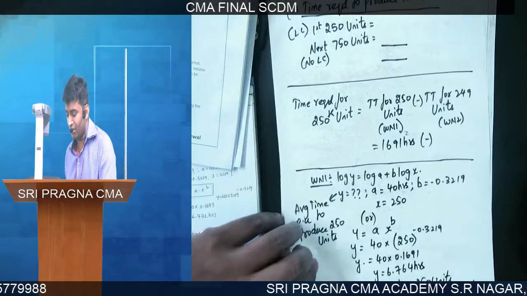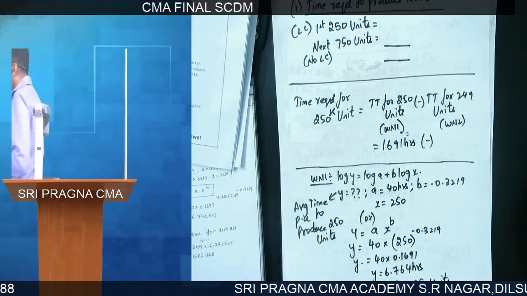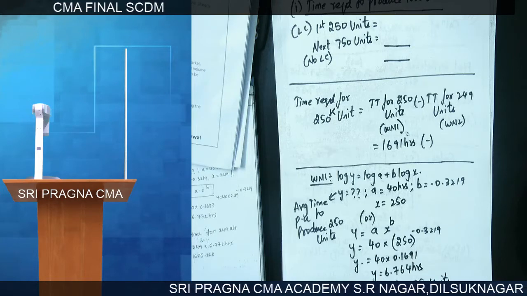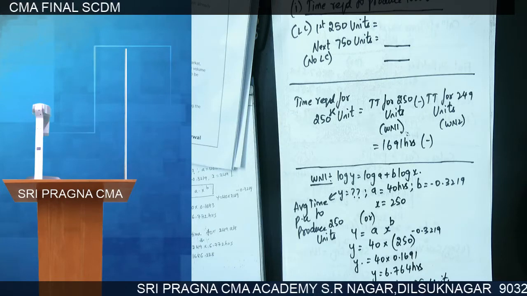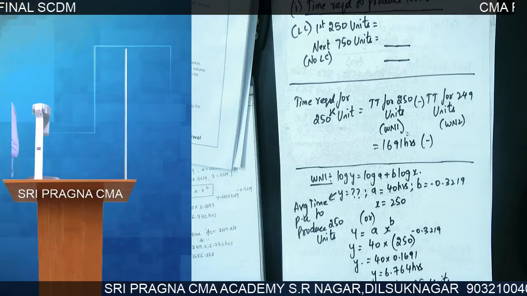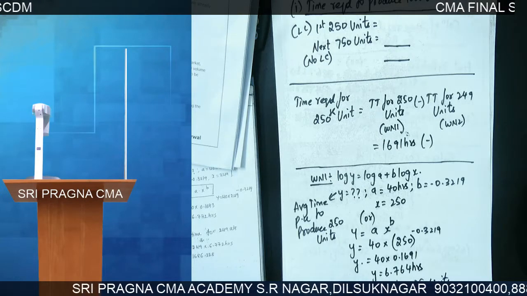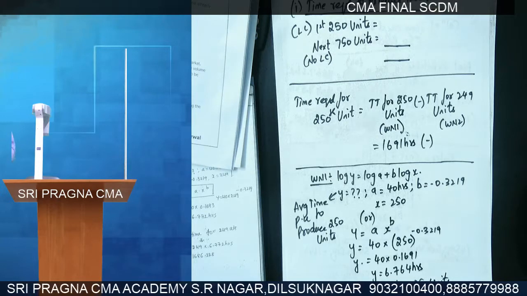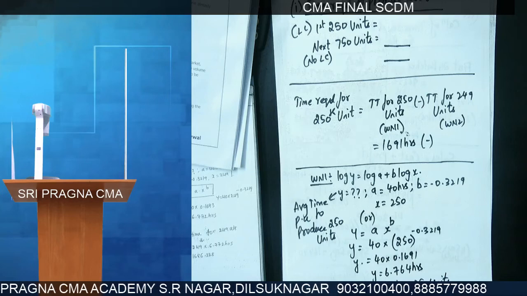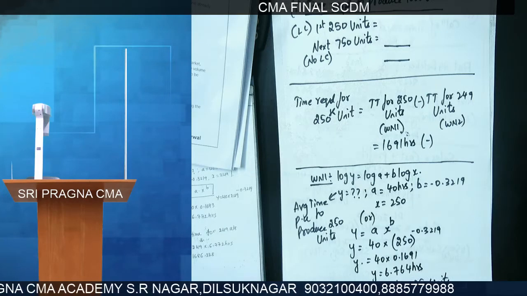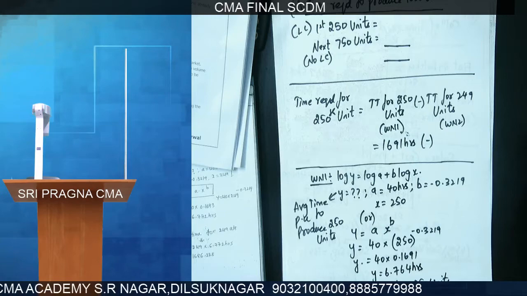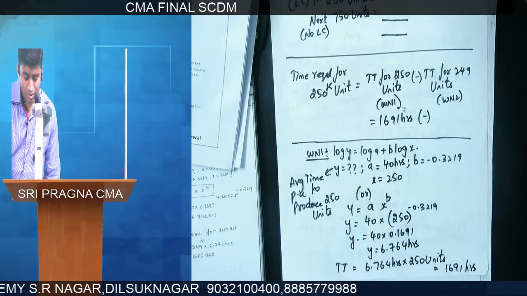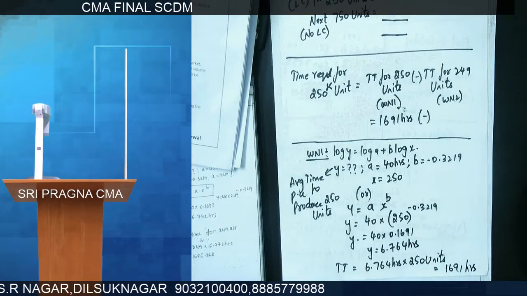Am I clear? One more good thing: here also we write the same. When I get the time for the 250th unit, multiply it by 750, because that will be the time taken for the other 750 units also. Clear? Can you do working note number 2?